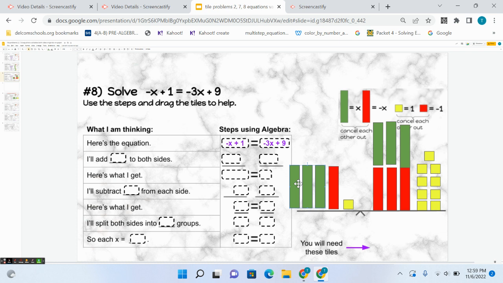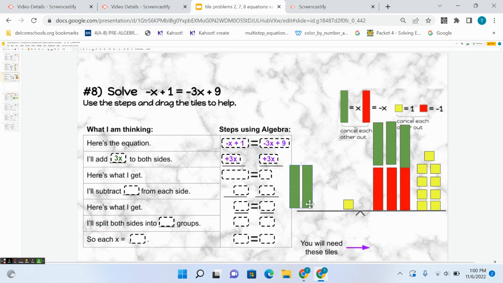So the way we're going to solve this is we're going to start out by adding 3 green rectangles to both sides, and that's 3x. We're going to add 3x to the left and 3x to the right. We're going to clean both sides up before we write down what we get. On the left side, that red rectangle and that green rectangle go away.